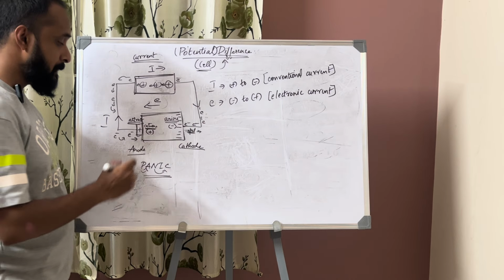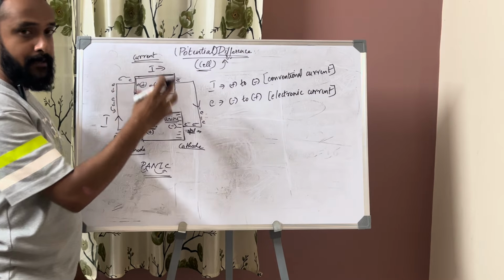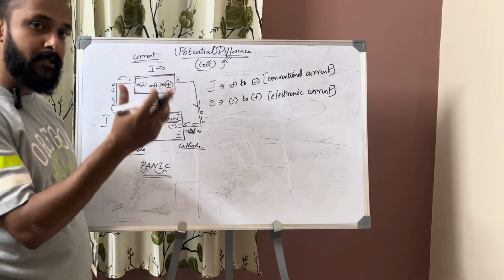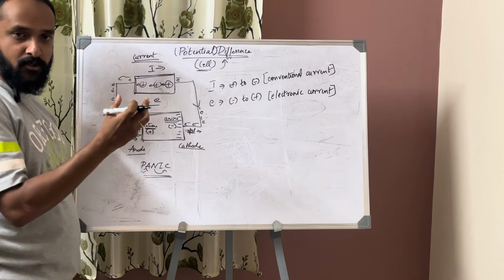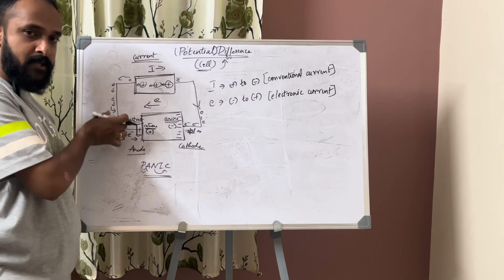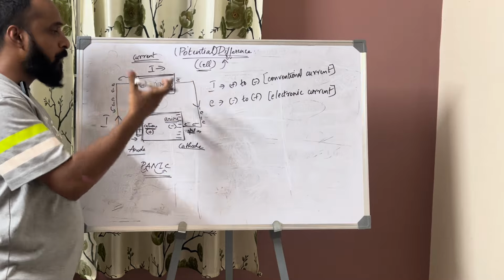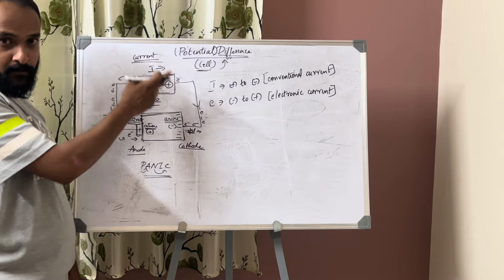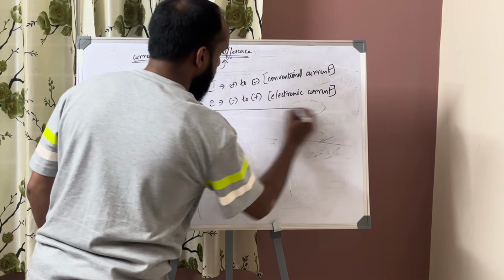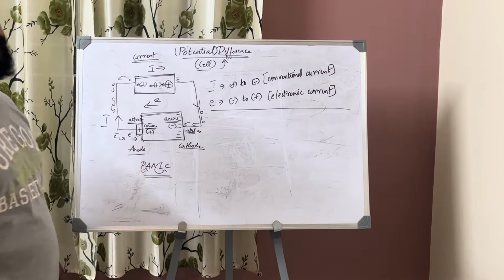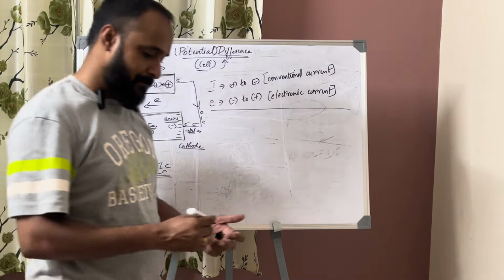Even though we know that the positive charges are tightly held. Can the positive protons move? We saw in the last class. They cannot move. They're tightly held in their locations. Even though we know that the positive charges cannot move, why do we take the current direction as positive to negative? It is because of a blunder of a scientist.